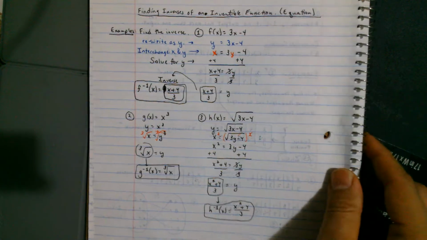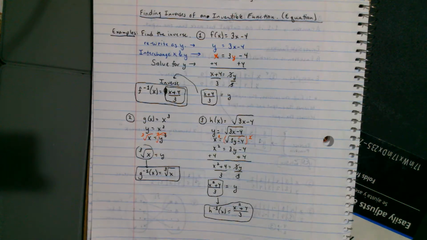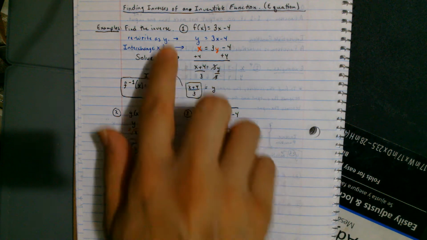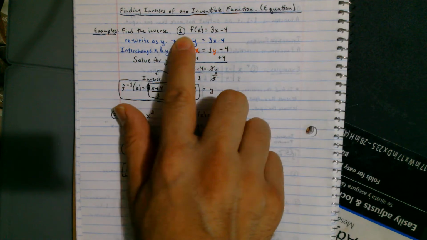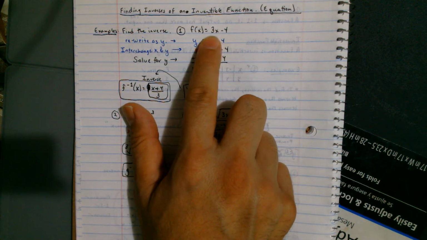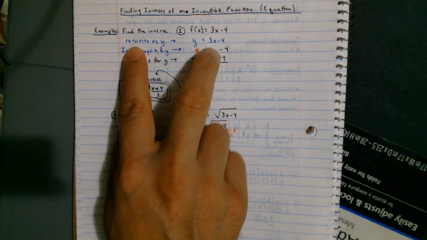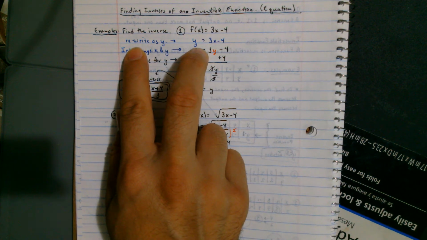I just wanted to add a little bit more to it. To find the inverse of an invertible function given by an equation, like f of x equals an equation in terms of x: the function part, you change it to y.